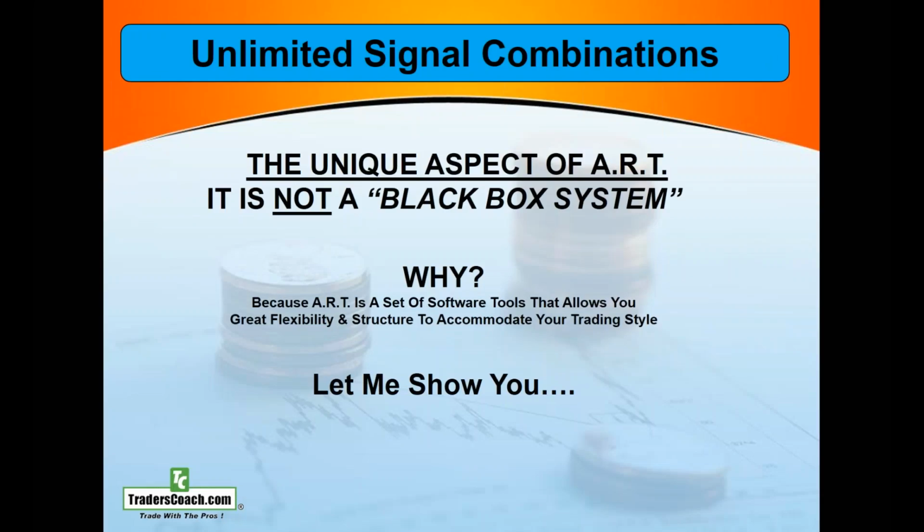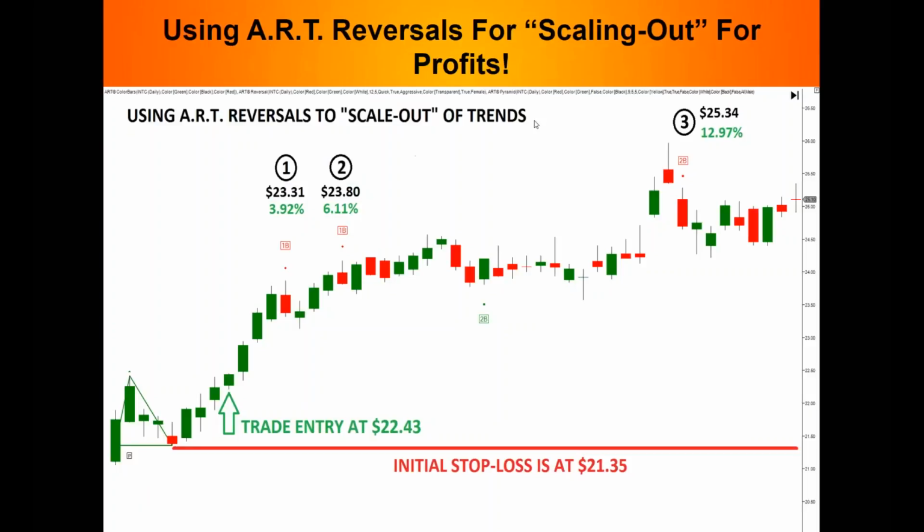The other neat thing about the A.R.T system is that it is not, and we made it this way on purpose, a 100% black box system. And the reason we did this is because we want to give you options. For example, if you were in a trend trade here, you would have gotten in on this price bar here when it clears the apex. But then we have pivot point reversals in red that are actually bearish signals.